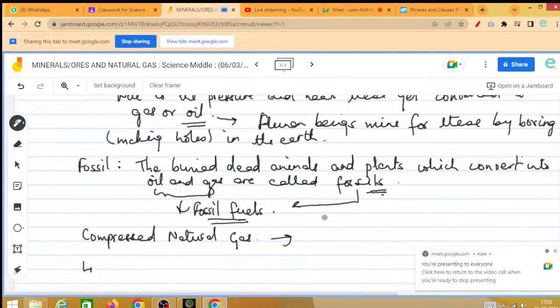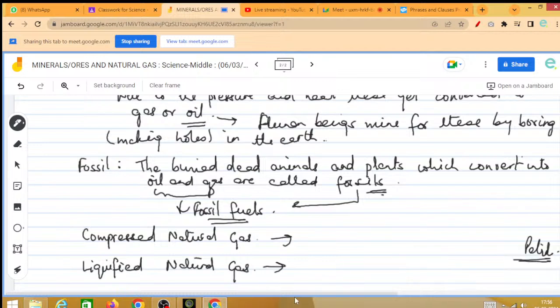Now when we talk about liquefied natural gas, what will that be? Who can tell me what that could mean? Liquefied natural gas. Ma'am, it is a liquid natural gas. Like for example, we said petroleum is a liquid. So this liquefied natural gas you put inside a container and it becomes liquefied.